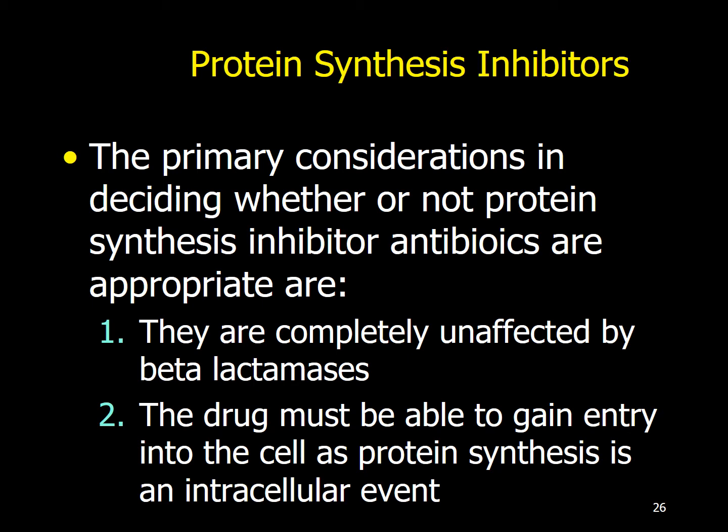In gram-negatives, first you have an outer membrane, then a periplasmic space, then the cell wall, then another periplasmic space, then an inner membrane, and when you get through all that, you're inside the cell. Even in gram-positives that aren't as complex, you still have an outer wall and then an inner membrane, and then you get to protein synthesis. So protein synthesis inhibitors can be very effective, but they have to be able to penetrate those outer barriers first to get into the cell. A protein synthesis inhibitor is not going to do you any good if it can't get into the cell to do its job.